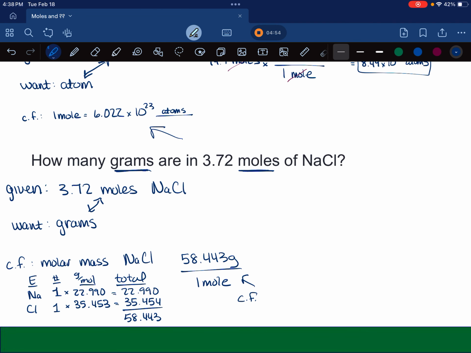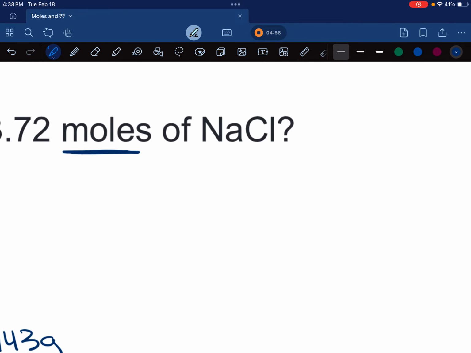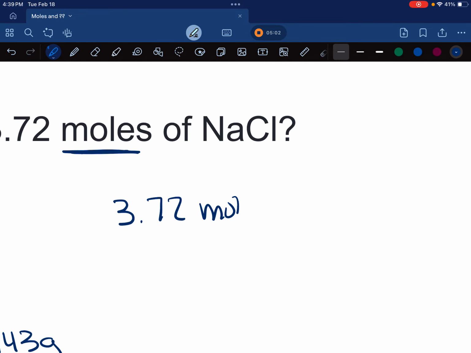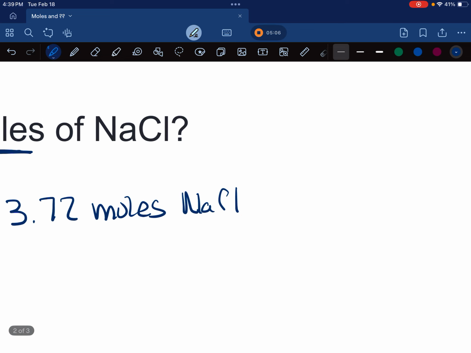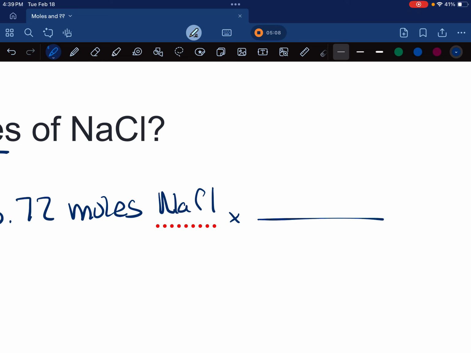Now it takes a little bit extra work when we have these problems, but it's just that simple. So we're going to start with our given, the 3.72 moles of NaCl, and we're going to use our conversion factor that we just found. In this case, we want to get rid of moles, so 1 mole will go at the bottom, and we're going to put that 58.443 grams on the top.